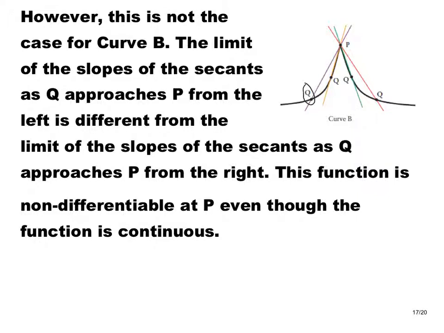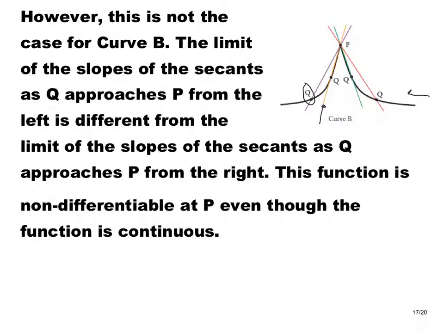Doing this one, I'm going to end up finally at a point, let's say Q here, and this line represents the slope at point P. We are going from the left toward point P. So this is a left limit for point P. If you look at the tangent line, you can see that the slope of this line is going to be a positive slope.